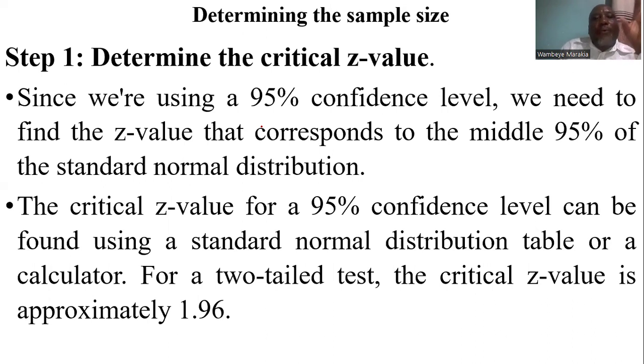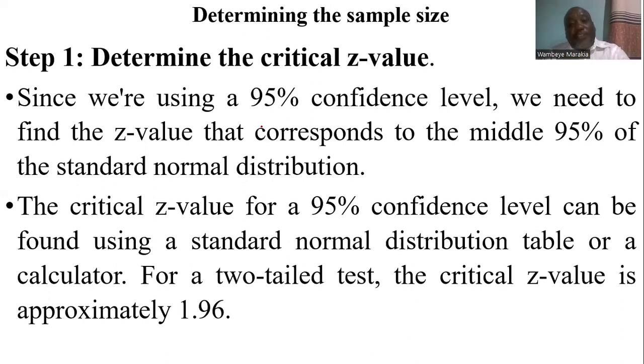And when we are using the table, these tables only give one value. But we should remember that this is a two-tailed test. It's either on the right side or the left side. So when you look at this value, we are supposed to know that the normal distribution has values that fall on the left side and values that fall on the right side.